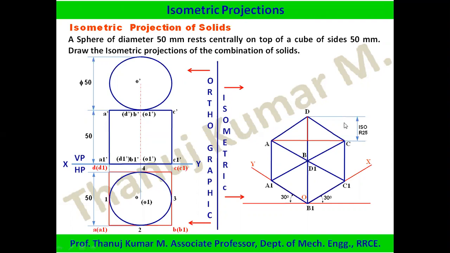After you have located the sphere center, now take the actual radius of the sphere, that is the actual radius 25 mm, and draw a circle from that center point.